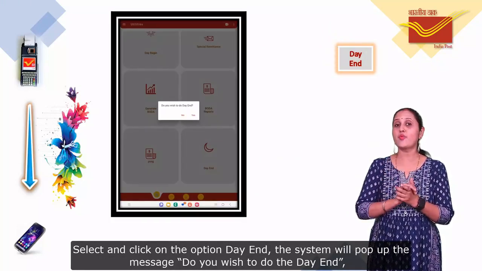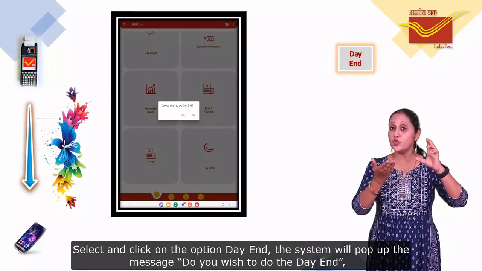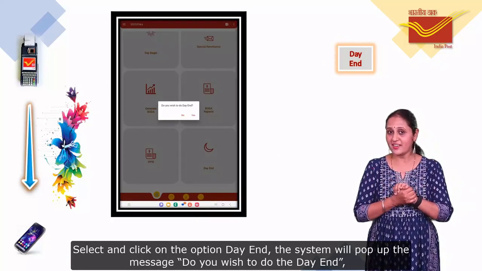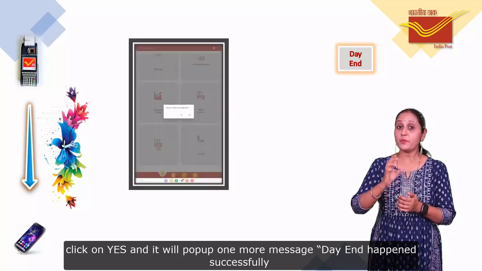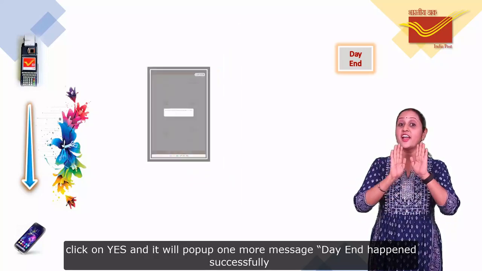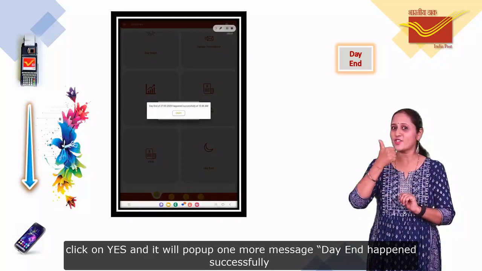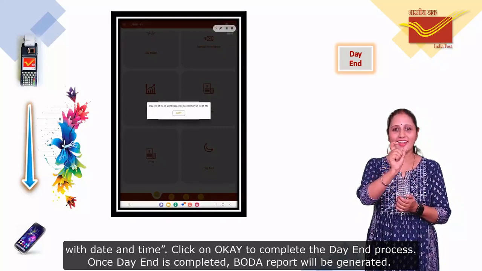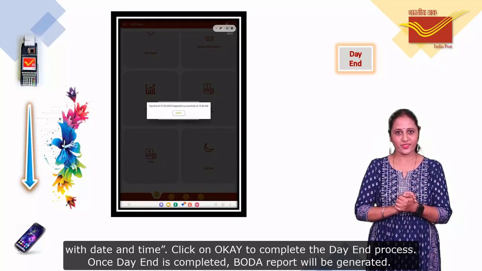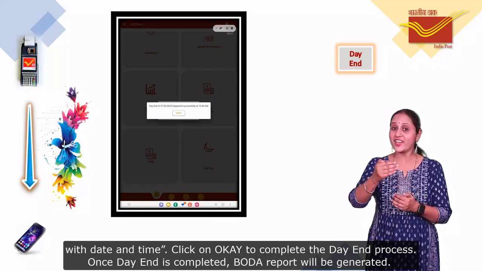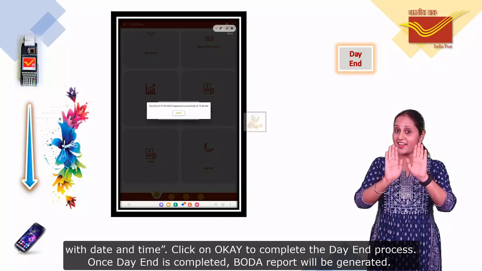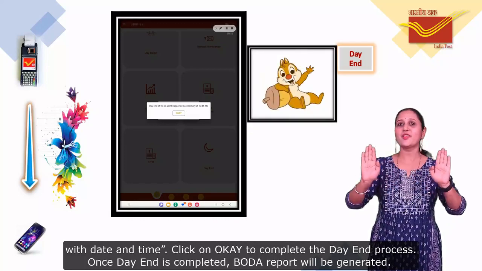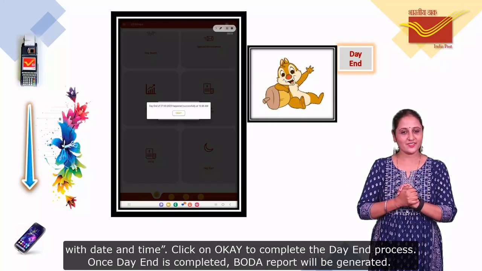The system will pop up the message, do you wish to do the day end? Click on yes. And it will pop up one more message, day end happened successfully with date and time. Click on OK to complete the day end process. Once the day end is completed, the BODA report will be generated.